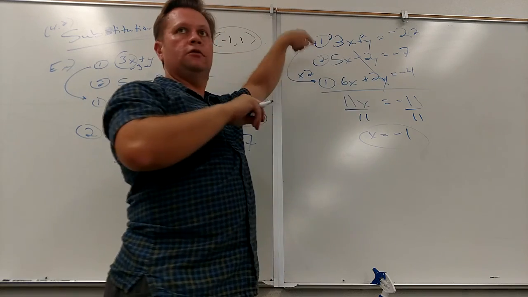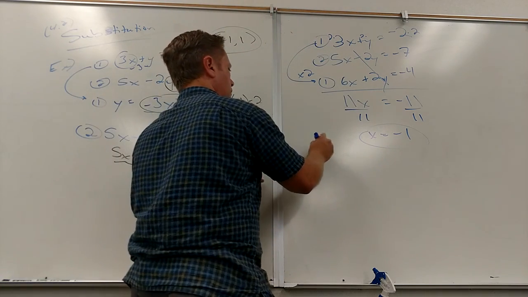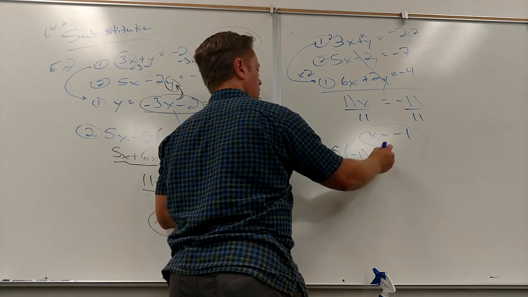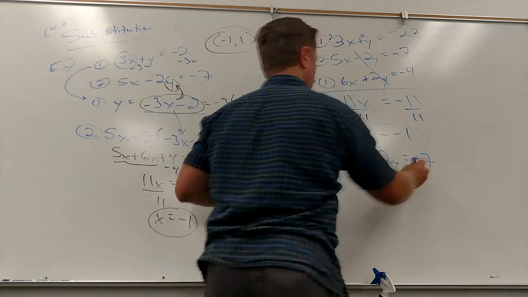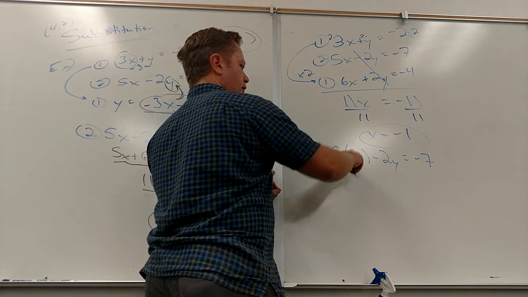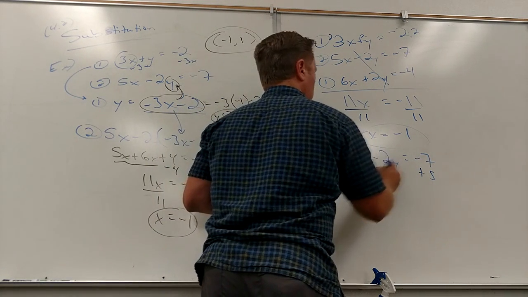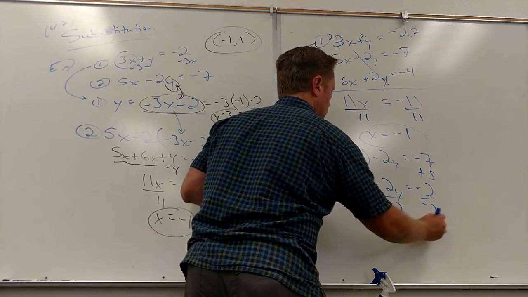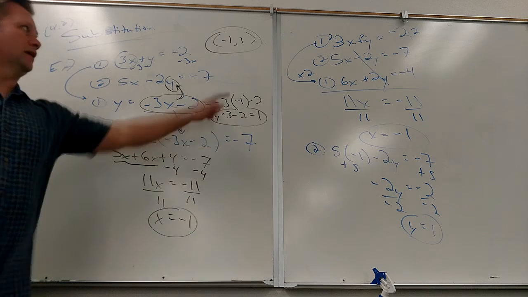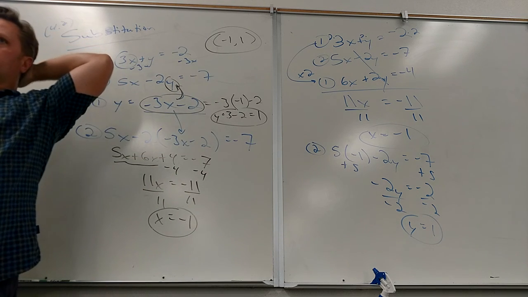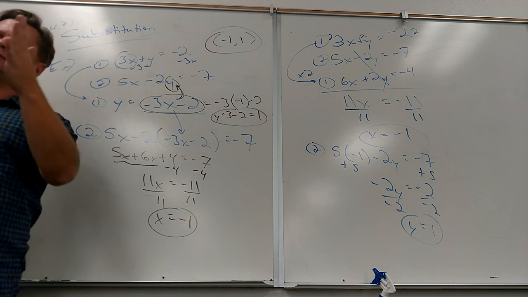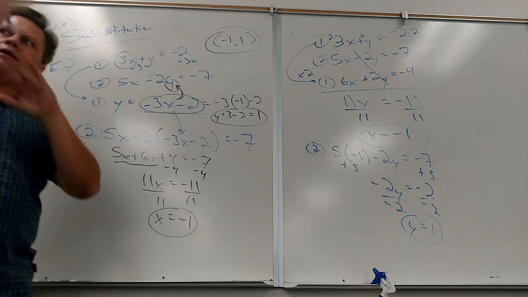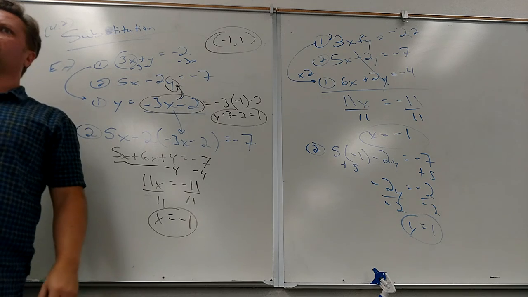Let's plug in the second one, because we didn't use it before. 5 times negative 1 minus 2y equals negative 7. This is negative 5, so I can add 5. Negative 2y equals negative 2. Divide by negative 2, and get y as 1 again. So I got the same answer. Elimination directly tries to kill a letter. Substitution very discreetly replaces a letter with something to do with the other letter.